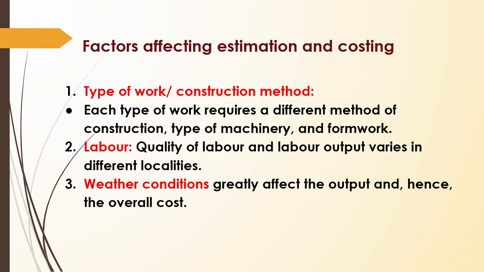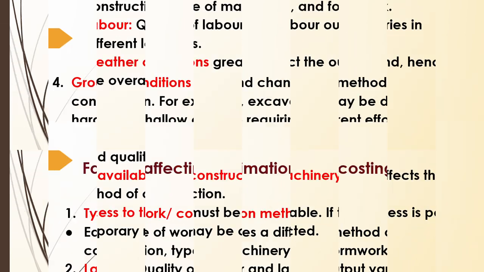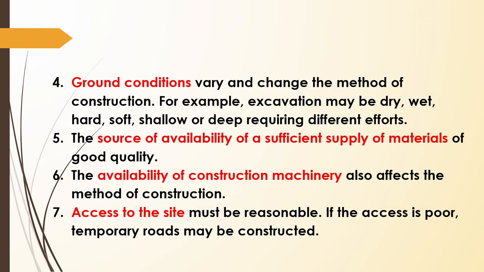Now, the different factors affecting estimation and costing are the type of work or construction method, labor, weather conditions, ground conditions. So, for example, excavation may be dry, wet, hard, soft, etc. If we are excavating the soil from a hard surface, it will take more time and more labor.